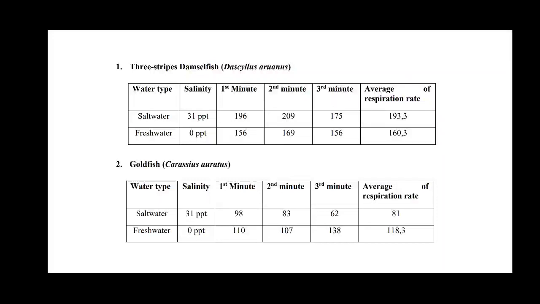The operculum movement frequency is around 193.3 per minute. After the damselfish is put in the freshwater jar, the respiration rate slows down to 160.3 times. For the goldfish, the respiration rate is around 118 in freshwater, and it decreased drastically to 81 times when being put in the salt water.